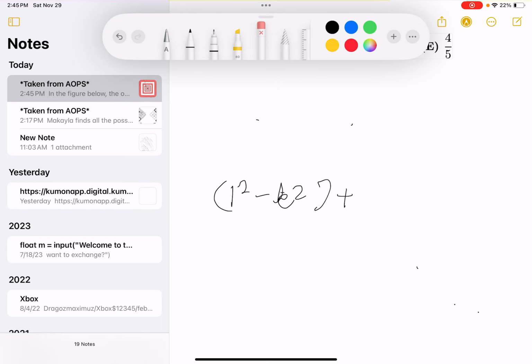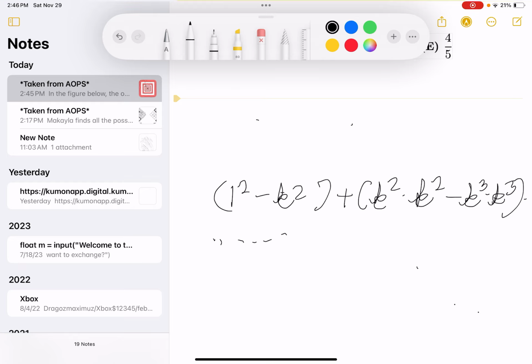The reason we do this is because the area of a square is s squared, and the s in this case is k squared and k cubed. So you have k squared times k squared minus k cubed times k cubed, and so on. This will continue infinitely.